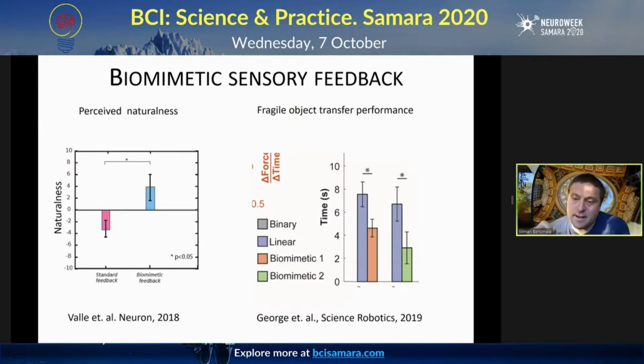In the second image here, although Silvestro also showed that you're better at the fragile object task, in this case you can also, for instance, perceive the compliance of objects better with this biomimetic feedback than without. So it gives you more information about the objects, more information about the contact events, and it feels more natural.